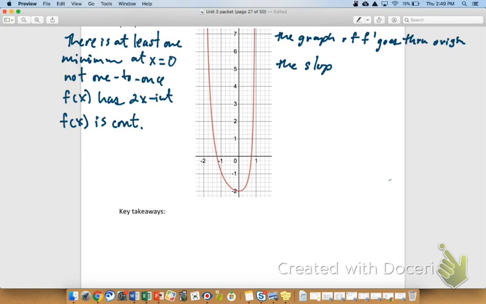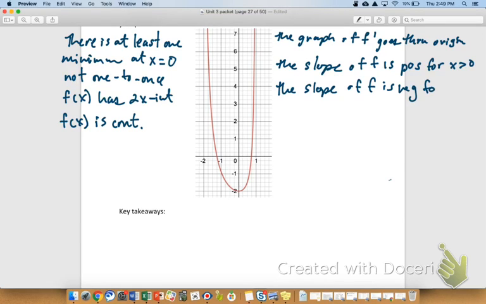The slope of f is positive for x greater than 0, and the slope of f is negative for the left side.